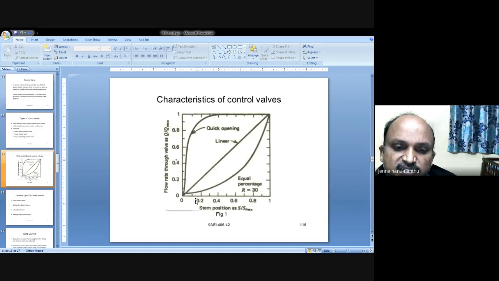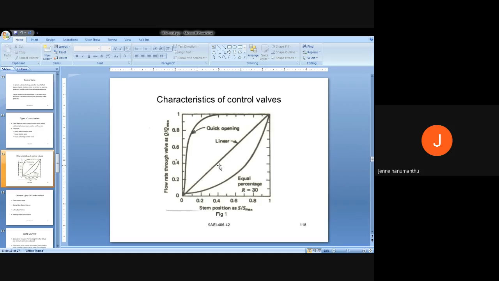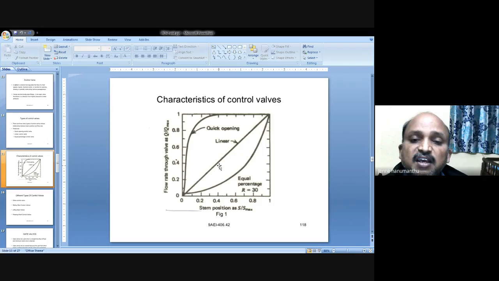Stem change 0.1, output change 0.1. Stem change 0.2, output change 0.2. Stem change 0.4, output flow also 0.4. That is the relation between stem position and flow rate in the case of linear control valve. So the graph is always a straight line passing through origin.